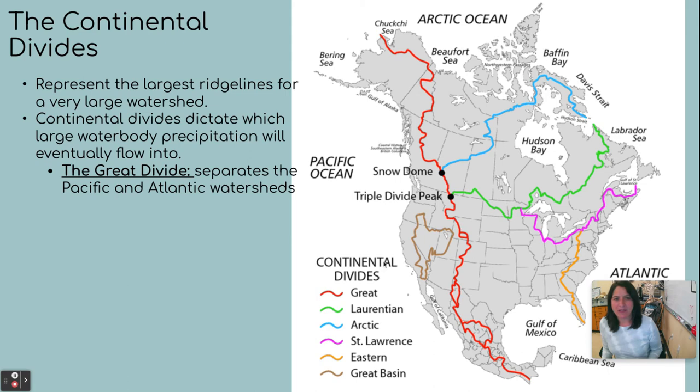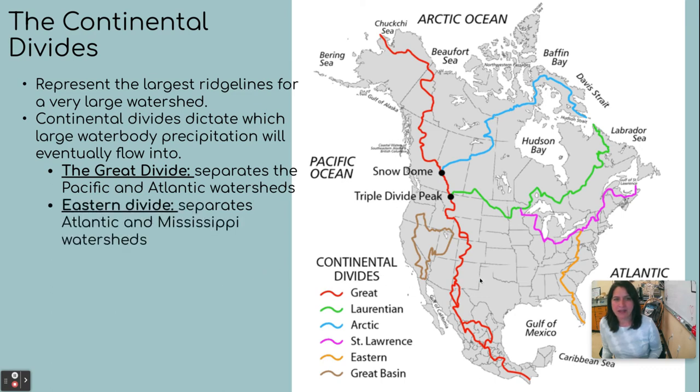It separates the Pacific and Atlantic watersheds. So that means that rain falling on this side, which goes right through like Idaho and Wyoming, will all eventually flow into the Pacific Ocean. And rain falling on this side will eventually flow this way, probably into the Mississippi, and then down into the Atlantic Ocean.